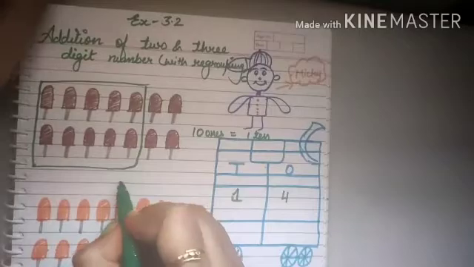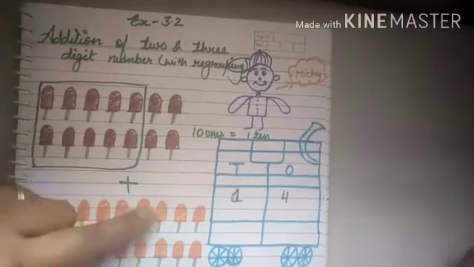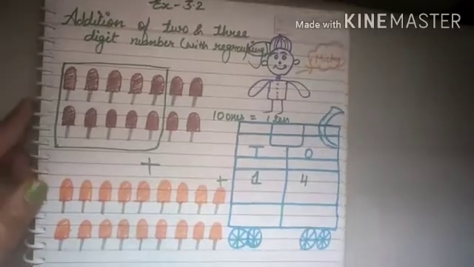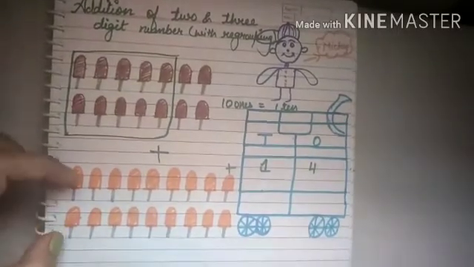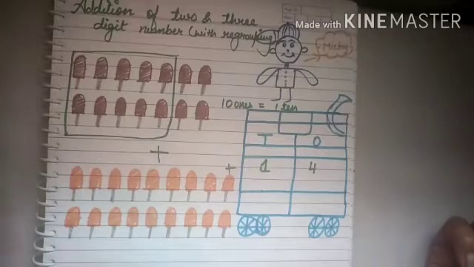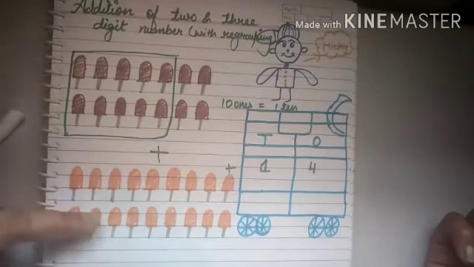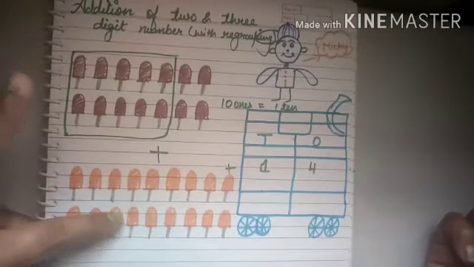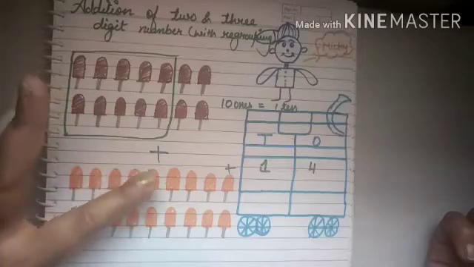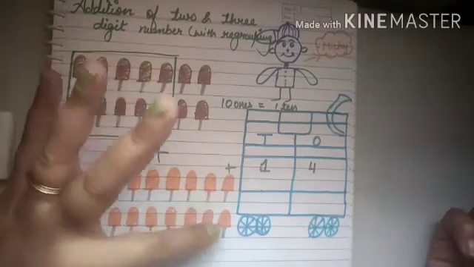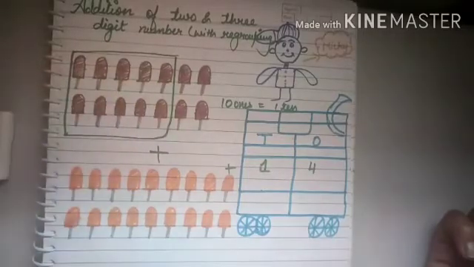Okay. Now what we will do, we will add them, right? So now come to these orange bars. Let's start counting these orange bars. Okay, 1, 2, 3, 4, 5, 6, 7, 8, 9, 10, 11, 12, 13, 14, 15, 16, 17 and 18.